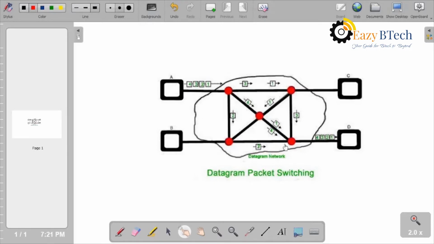This is packet switching, and here we have devices A, B, C, D connected to the network, and we are using these red dots, which are routers.